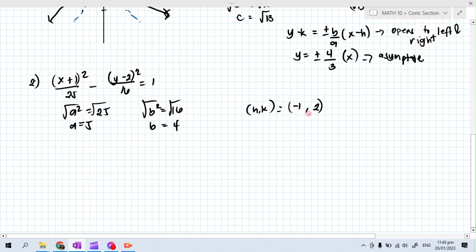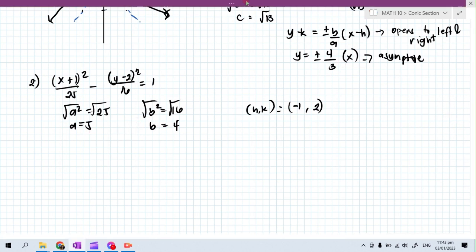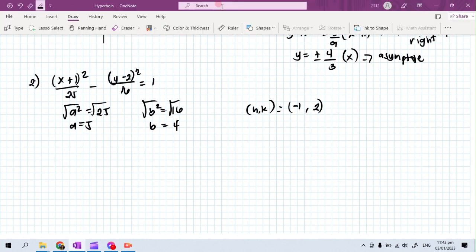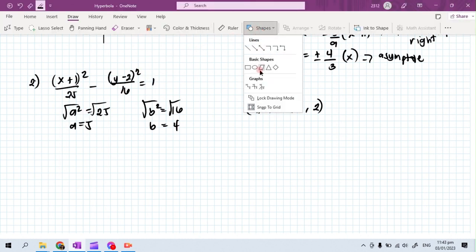So now that we got our points, we can now graph our hyperbola.